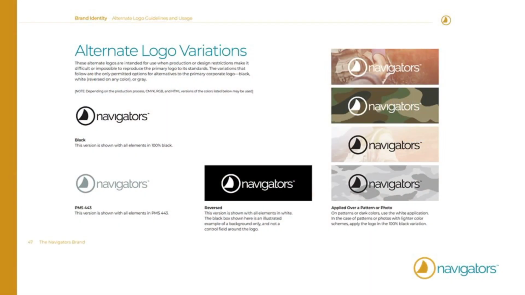So you've been seeing the two-color logo throughout the presentation. There are also alternatives to be able to use when it comes to colors. You can use an all black, an all white, or this particular shade of gray. You can put those on top of whatever you want. We do ask that you use your best judgment as to whether a black one will look better on a light background or a white one would look better on a dark background.